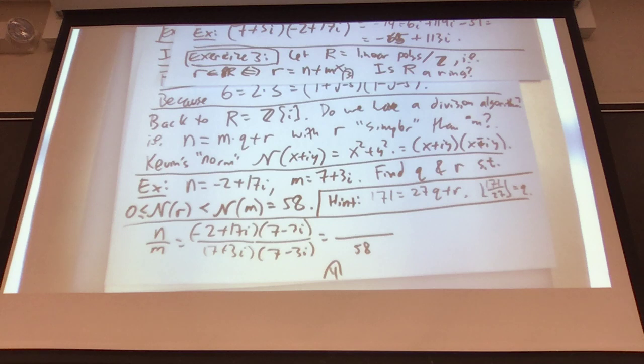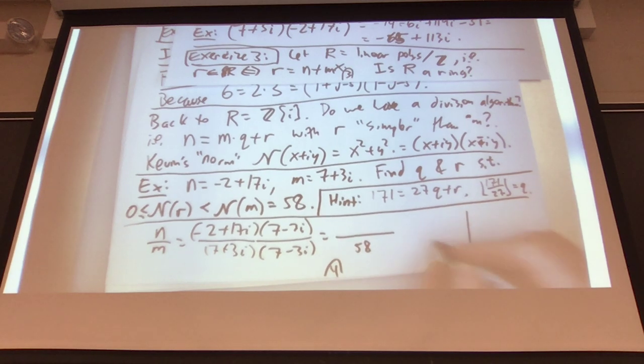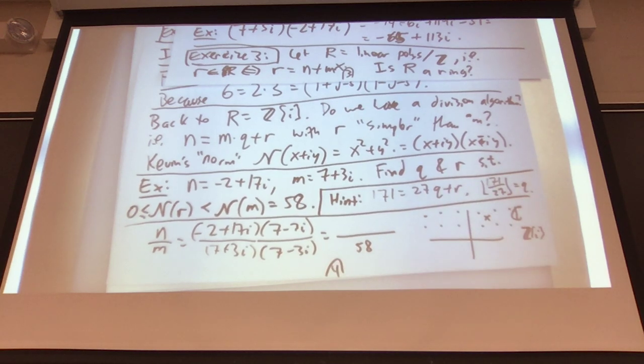Will that nearby integer be unique? If I have the complex plane, and here are the Gaussian integers, Z adjoin i, and then I have some value here, is there a unique closest value to it?